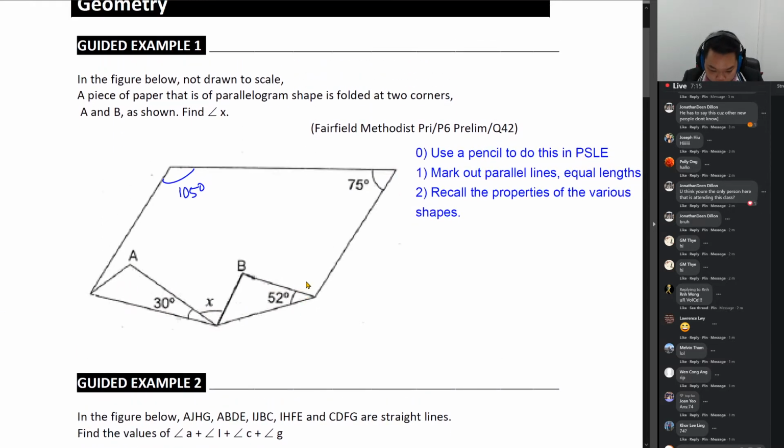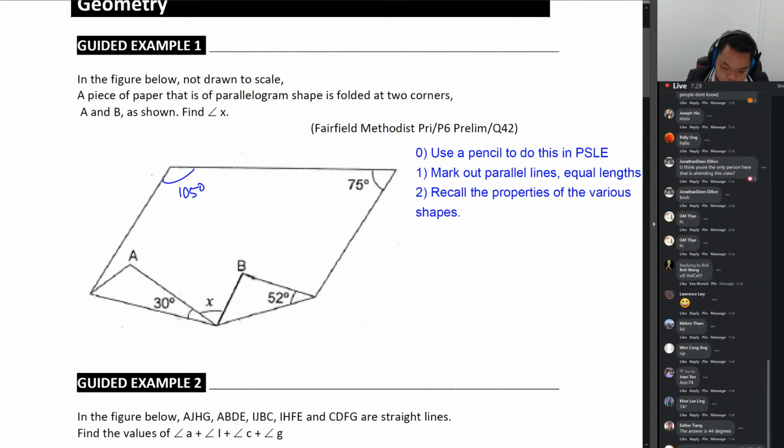Okay, so to deal with this, you want to unfold this parallelogram first. By doing that, you will end up with this over here.